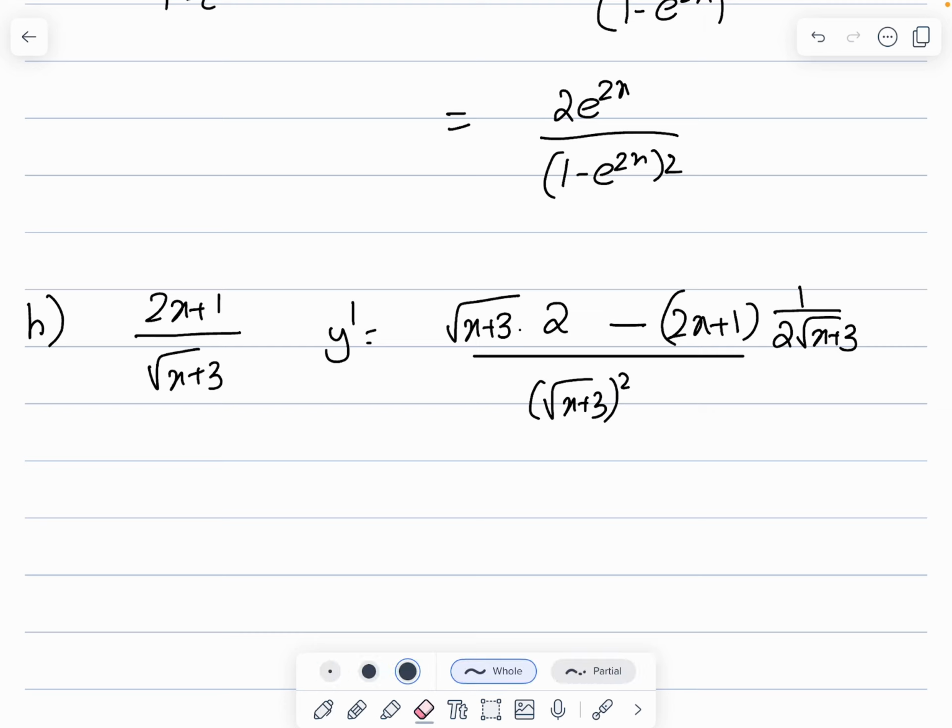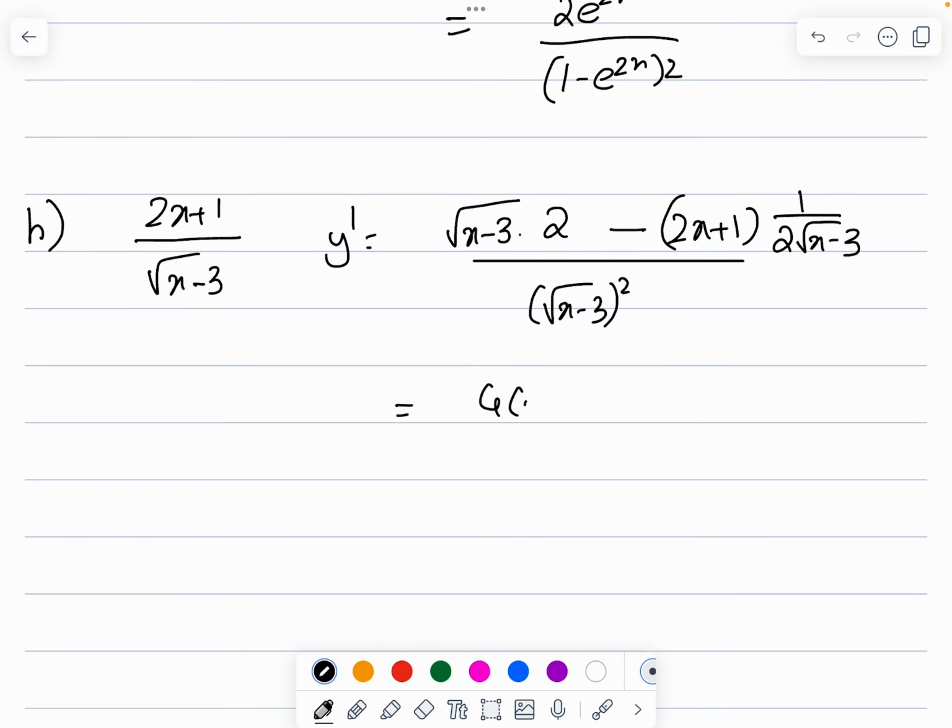And if at all in the worksheet it is minus, I am going to make it as minus. Then I try to simplify it further, so it will become 4 times (x minus 3) minus (2x plus 1) divided by (x minus 3) times 2 times square root of x minus 3.